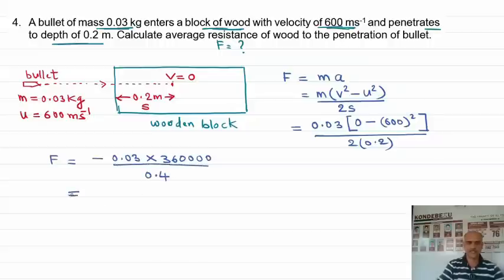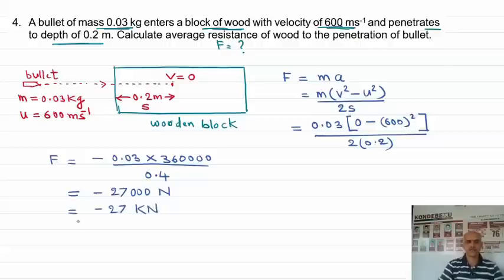Now simplify, you will get the value of F. 0.03 into 36 then 4 zeros, divided by 0.4. So you will get force or resistance minus 27,000 Newton, or you can say minus 27 kilonewton.